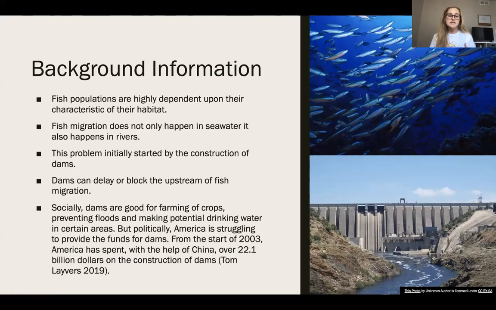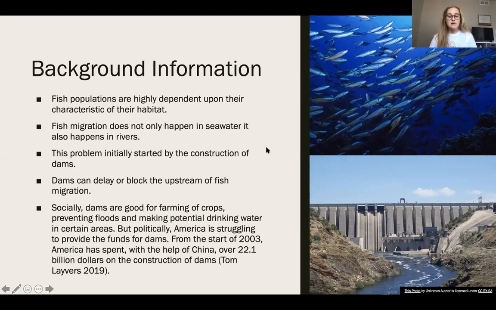What I was trying to say by that is, because they live in water, they're not able to walk or fly to where they need to go. They rely directly on swimming. Fish migration does not only happen in sea waters, it also happens in rivers. Fish migration depends on their traveling by swimming.